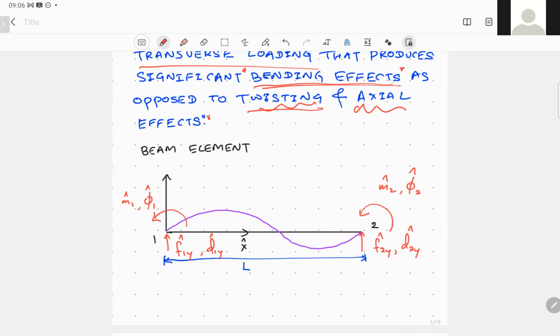In the x direction, we have the x hat local coordinate direction. And in the transverse direction, that is the y direction, we can mention the coordinate system as y hat.